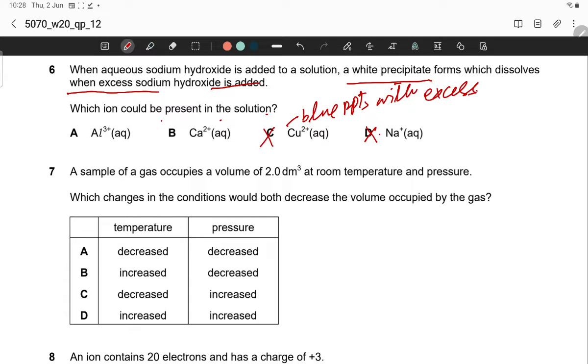It is not true. This is group 1, so it must dissolve. Calcium 2 precipitates remain insoluble with excess, so it is not correct. Aluminium must be correct because aluminium forms a white precipitate which dissolves when excess sodium hydroxide is added.